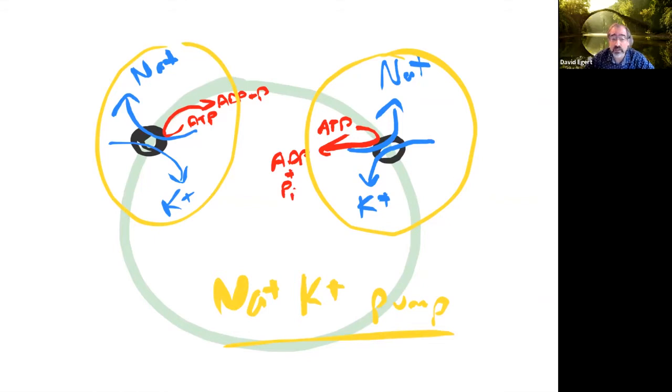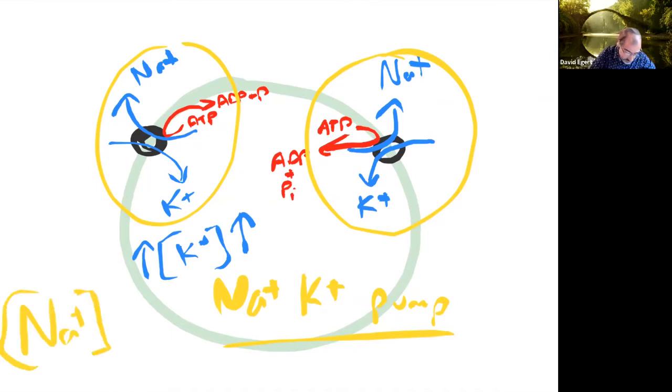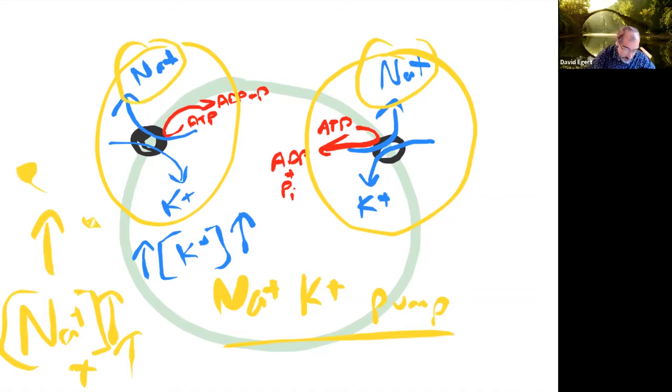So in the intracellular fluid, the inside of a cell, you usually have very high concentrations of potassium. Outside the cell, you have very high concentrations of sodium. That's happening because these pumps are constantly pumping sodium out of the cell and pumping potassium into the cell.